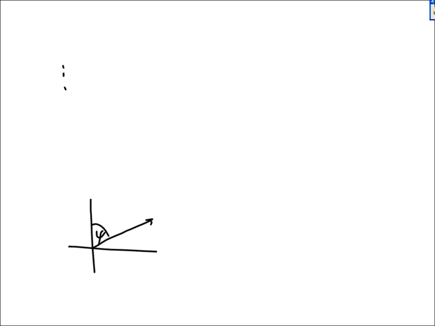So if over here you have another axis, this vector v and v prime, they're both the same length and they both have the same angle off their y-axis. Those two vectors are equal, v and v prime.